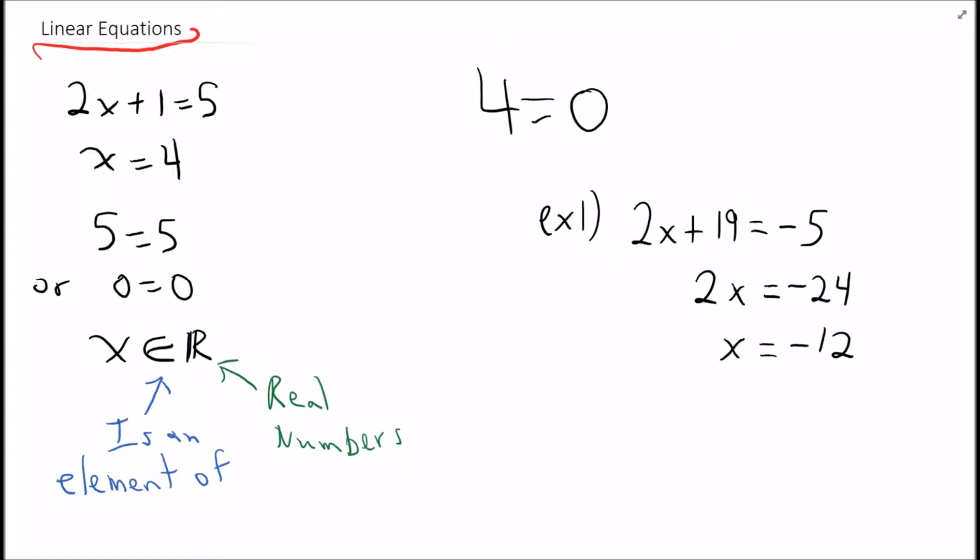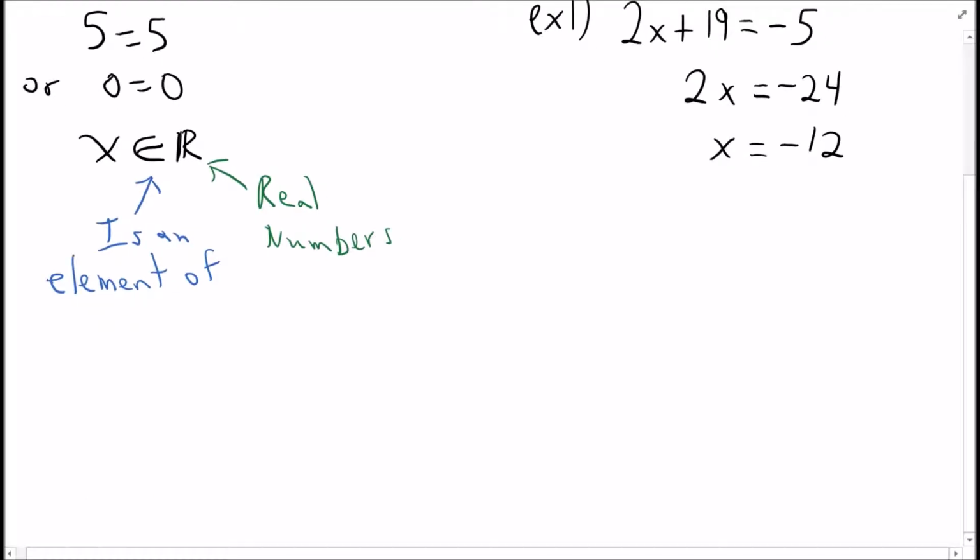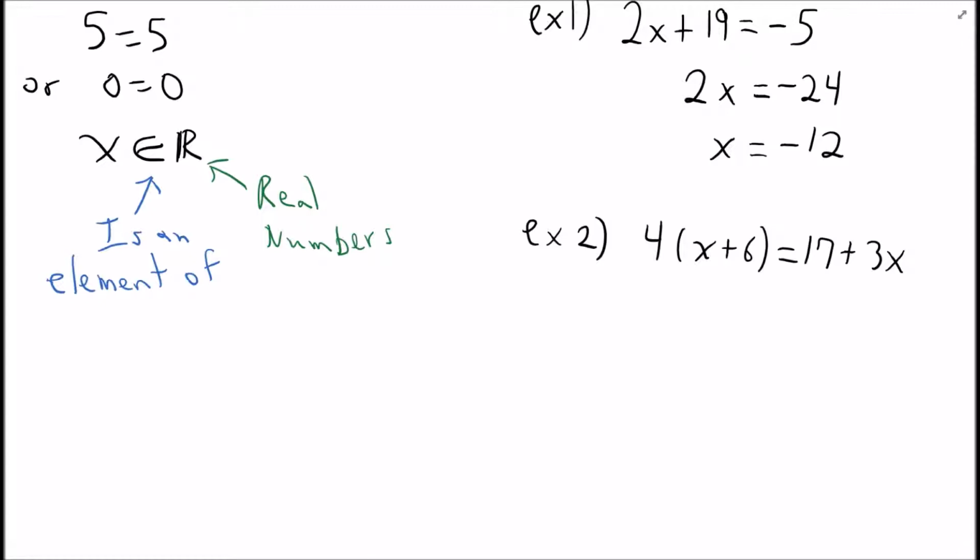Let's try another one. This time we'll put x in more than one place. So maybe 4 bracket x plus 6 is equal to 17 plus 3x. The first thing I want to do is multiply that 4 into that x plus 6, because I need to get the x's together so I can solve it, so I want to get rid of those brackets.